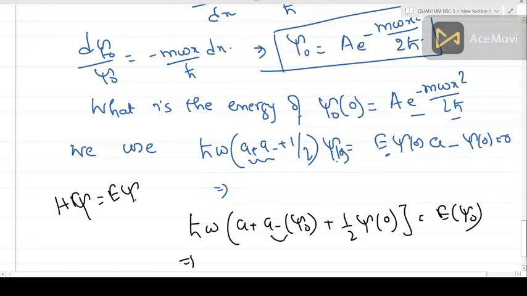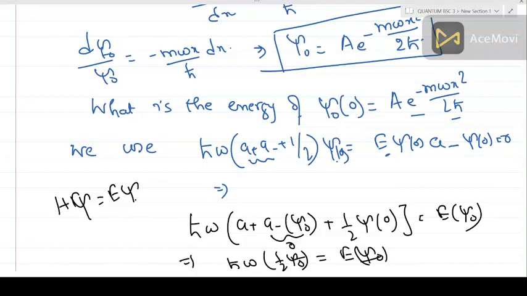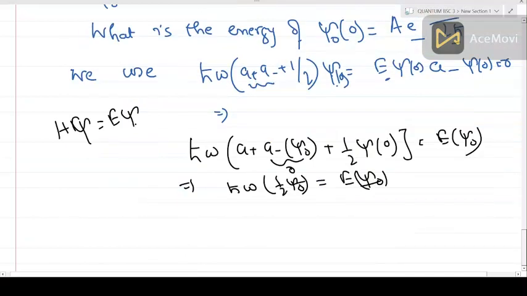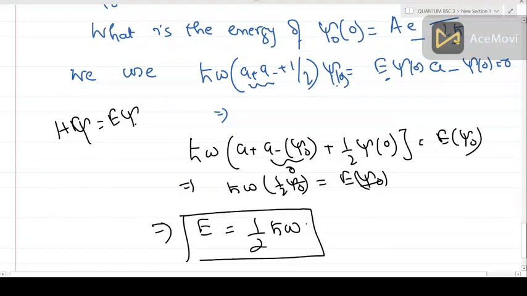We are using H psi is equal to E psi. This quantity is 0, so it is h bar omega 1 by 2 psi naught, and it is equal to E into psi naught. Psi naught cancels, in the language of crude mathematics, and this is for your understanding, of course. So E is equal to 1 by 2 h bar omega. E is equal to half h bar omega.